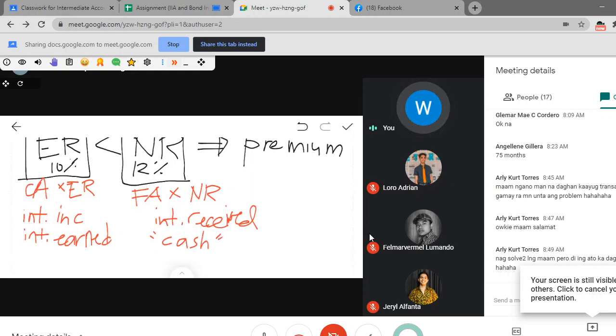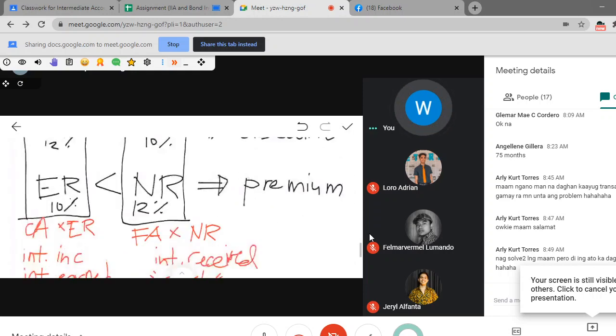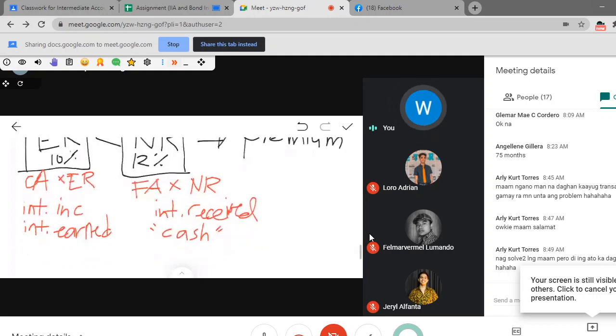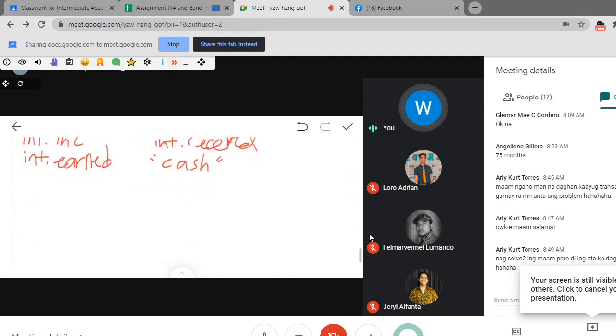So ma'am, this effective rate, is it not cash, partly cash, partly non-cash? So why non-cash, ma'am, how is it received? One part of that is for the amortization of the bonds. Another part is for the receipt of cash. Something we will demonstrate later.